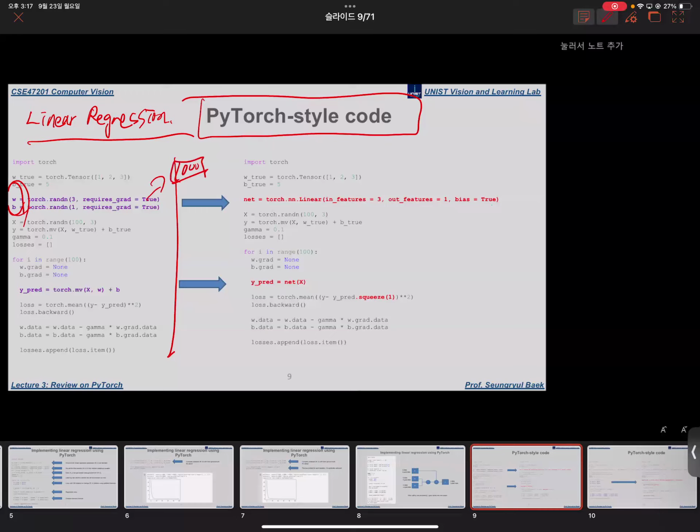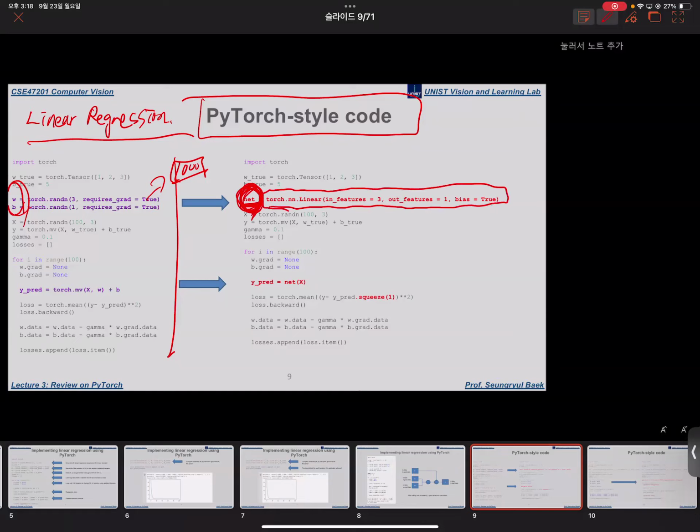It's very tedious. So PyTorch provides an interface for defining this kind of architecture, and we can define an architecture as a variable like this.